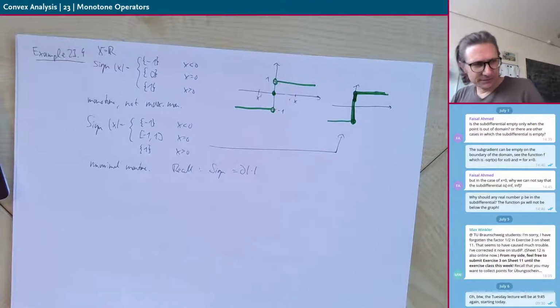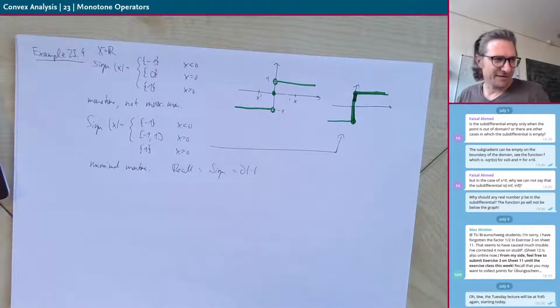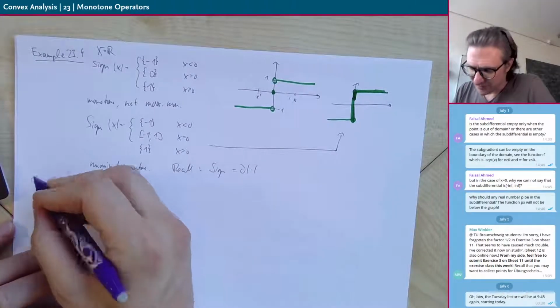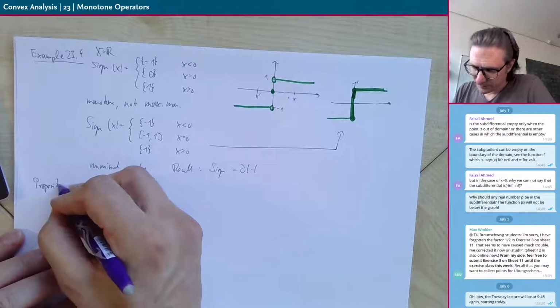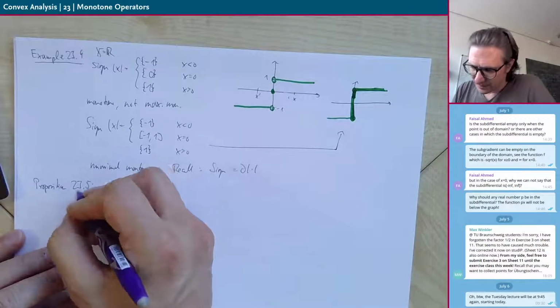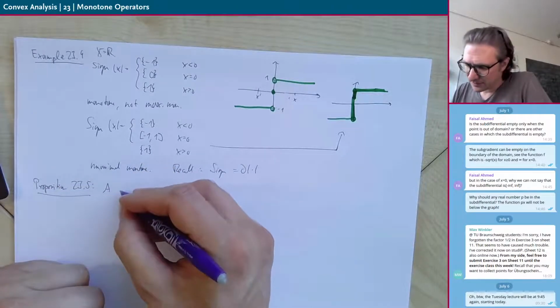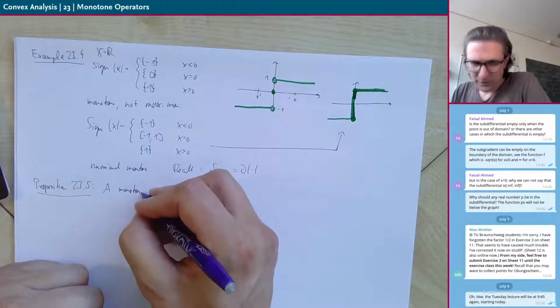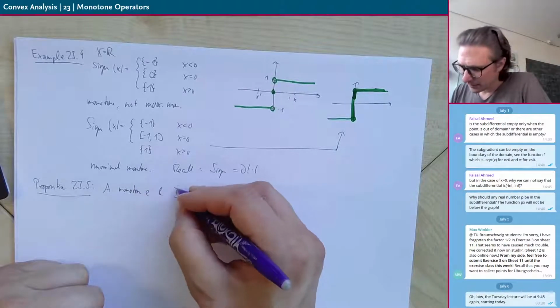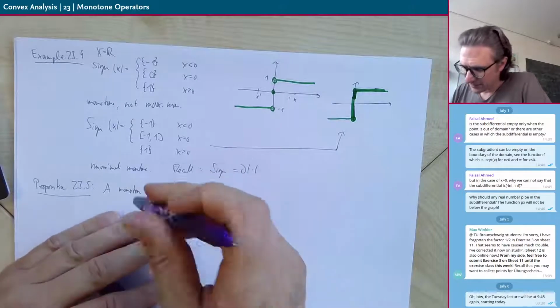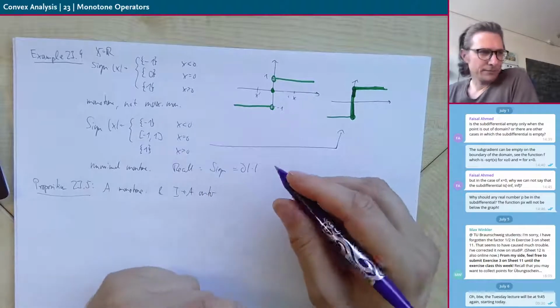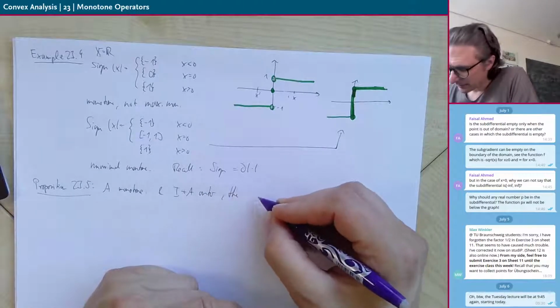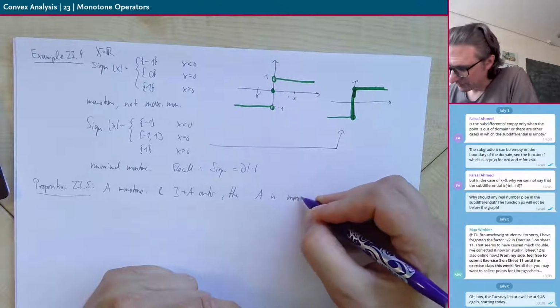Okay, we come to that in a second, but before we do that, let's prove one proposition about maximal operators. So if A is monotone and identity plus A is onto, then A is maximum monotone.